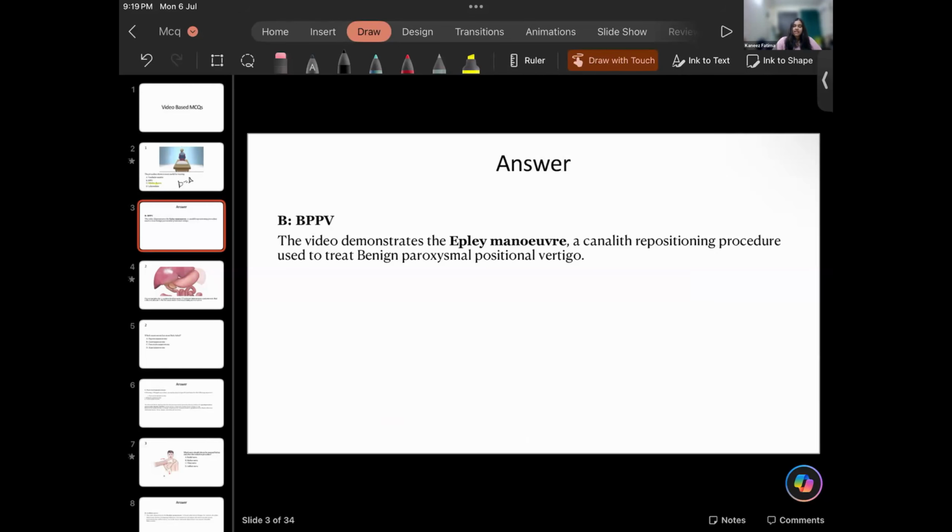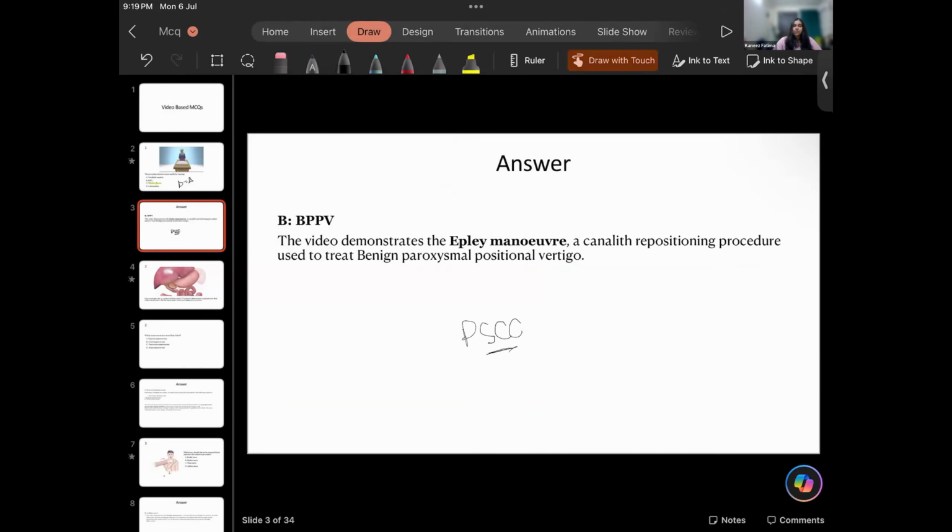It basically occurs wherein the otolith or the canalith from the macula in the utricle or the saccule, they get dislodged and go and settle down in the semicircular canal, the most common being the posterior semicircular canal.